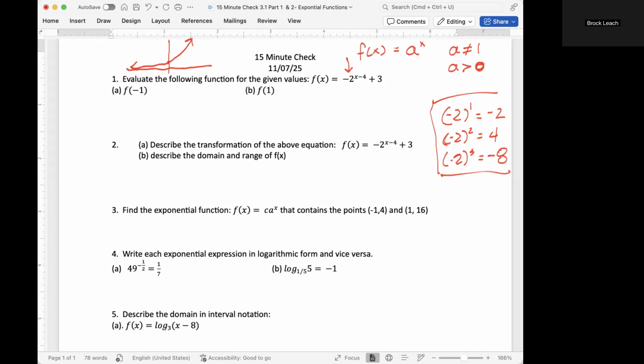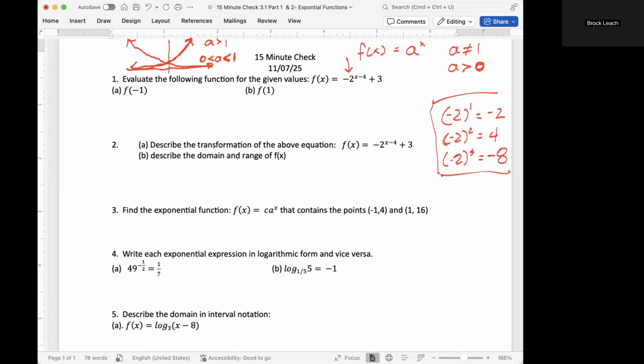So when we have an A that's greater than 1, we have exponential growth. When A is a fraction, we have exponential decay. So here A is greater than 0. And by A, we're talking about the base of the exponential function, but less than 1. So it's in between 0 and 1.